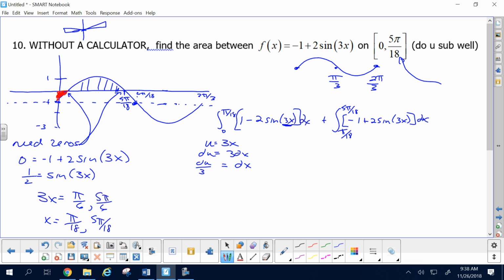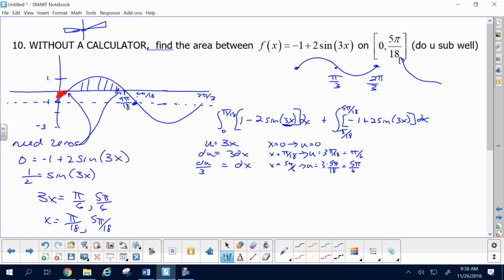If x is 0, u is 3 times 0, or 0. If x is pi over 18, then u is 3 times pi over 18, or pi over 6. If x is 5 pi over 18, then u is 3 times 5 pi over 18, or 5 pi over 6. Yeah?